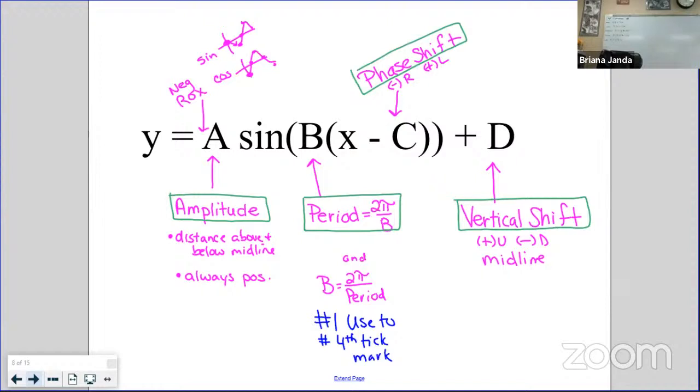After I have looked at that and addressed it and numbered my fourth tick mark, the next thing I do is I look at the vertical shift, okay? And I draw my midline wherever that vertical shift tells me to move. After I've drawn my midline, the third thing I look at is the phase shift. And that tells me where to move my first dot.